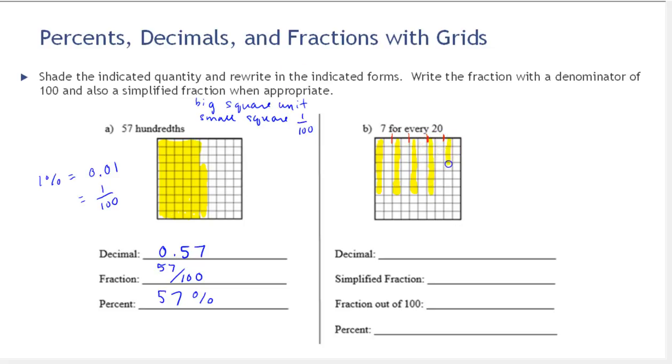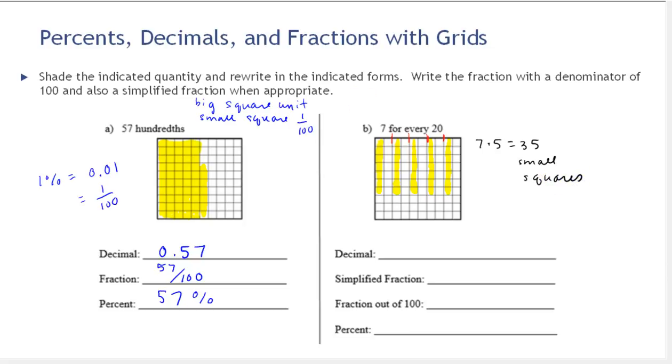And here, and finally here. So notice there's 1, 2, 3, 4, 5 groups of 20, and I shaded 7 for every group. Okay, so that means there's 7 times 5, which is 35 small squares shaded.